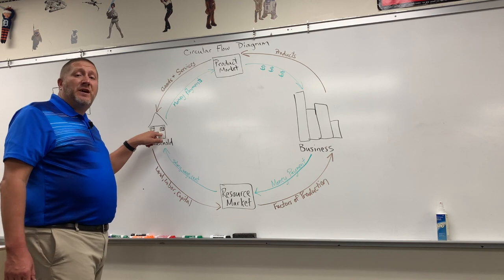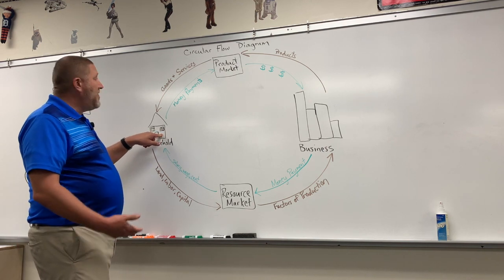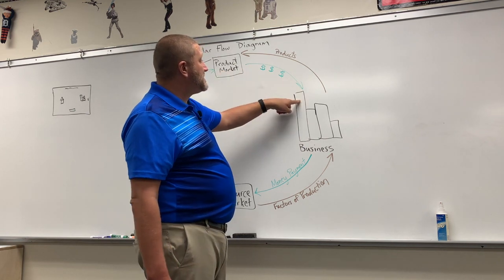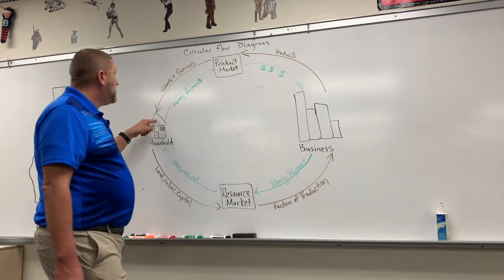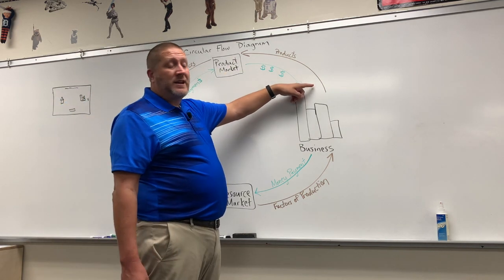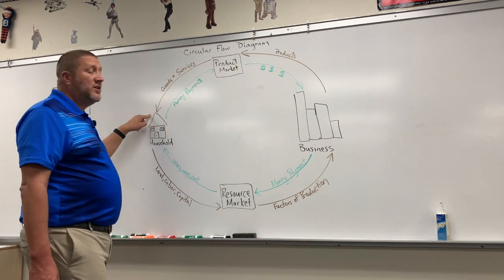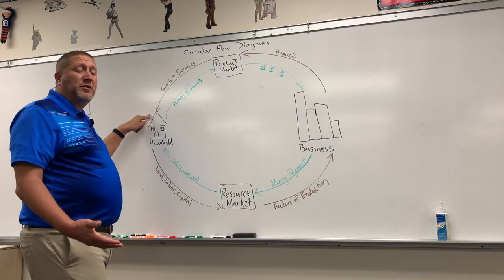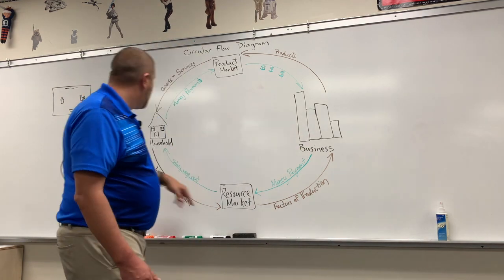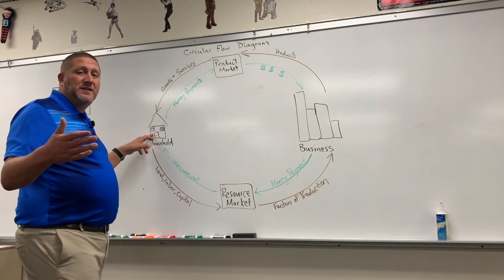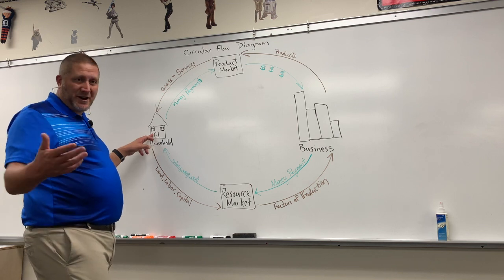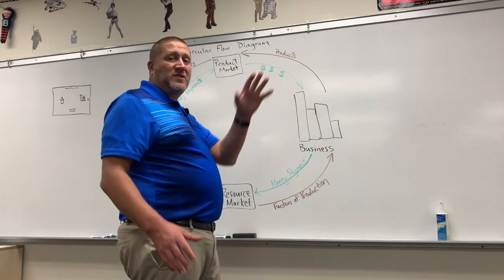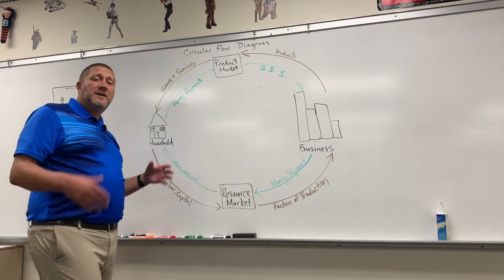When households get that money for working, they now have extra money that they can give to businesses in return for those products. When those products are being sold and going off the shelf, businesses have to replace those. In order to replace them, they need to hire workers to produce more. And when they hire workers to produce more, households have more money to spend in this economy. That's how you get that whole circular flow idea going.